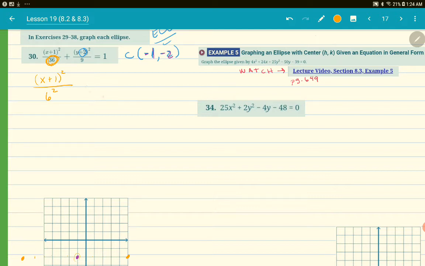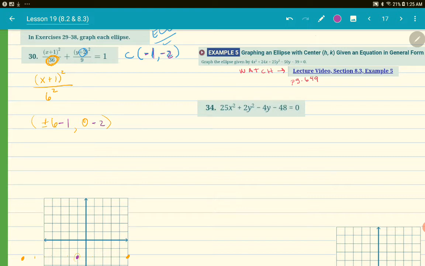Algebraically, I can think of that vertex as follows. If this was centered at the origin, what we learned in the last lesson was that the x would be plus or minus 6, and the y would be 0. But we shifted everything. Our center is at (-1, -2). I shifted left 1, and the y went down 2.